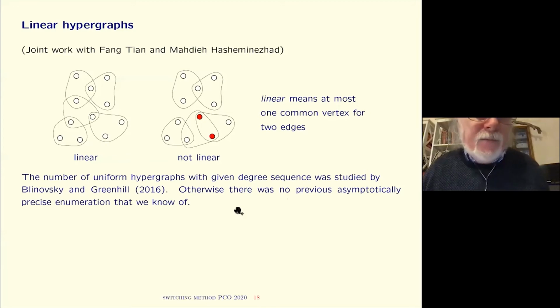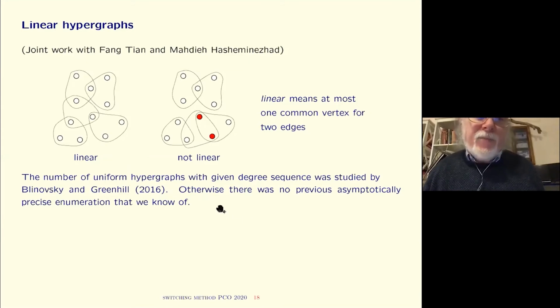There's very little precise enumeration known on linear hypergraphs. If the degree sequence is specified and not too dense, then Blinovsky and Greenhill found a formula for the number of, it doesn't say linear, but it should say linear in this sentence, the number of linear hypergraphs.